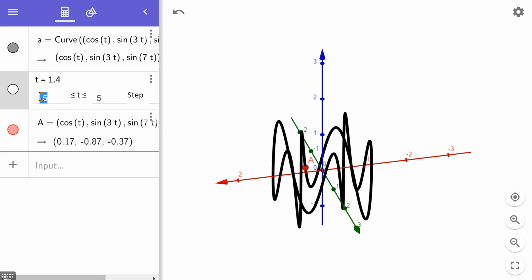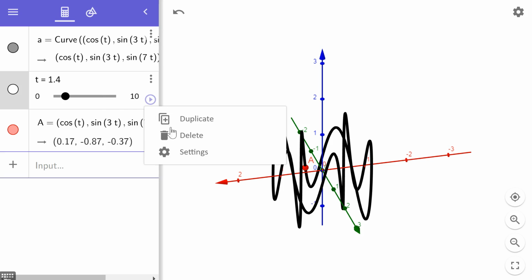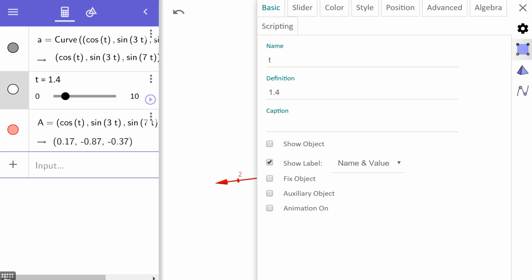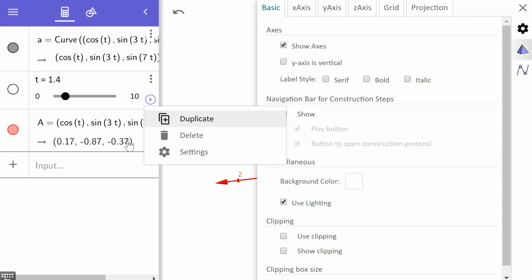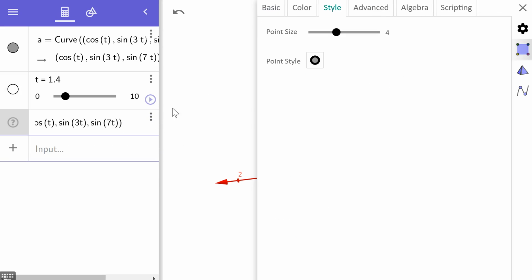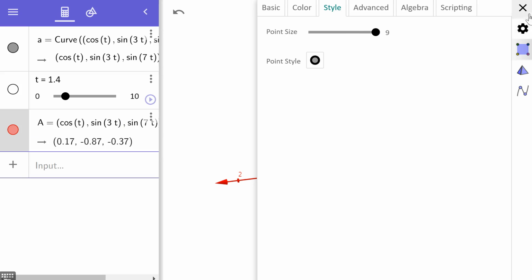Wait a minute, I thought I changed from 0 to 10. It doesn't really matter though, because in the end, it will just be the cosine and sine of these values. Okay, so let me make this a little bigger.